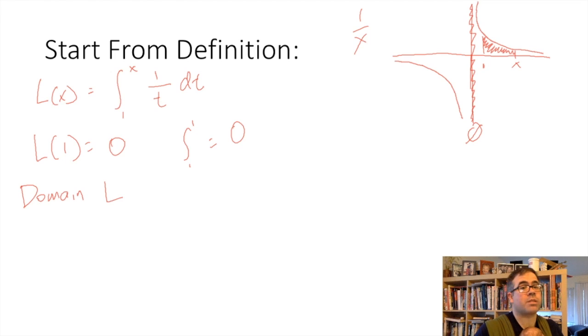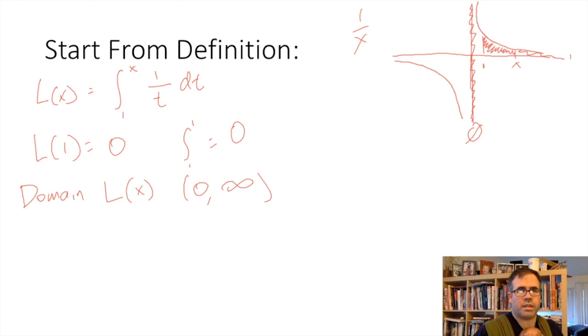So let's just exclude that, right? So we're going to say that our domain of L of x is from 0, not including 0. But if we look over here, we can probably put x as far over here as we want. So let's say it's from 0 to infinity. And that seems reasonable just based on the definition in the picture, right?